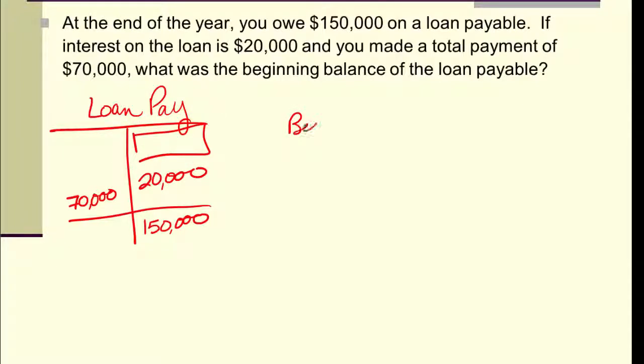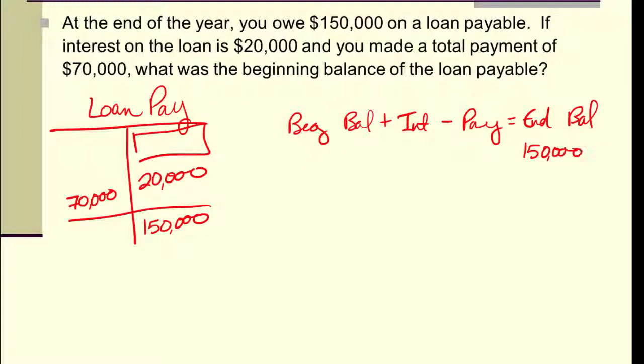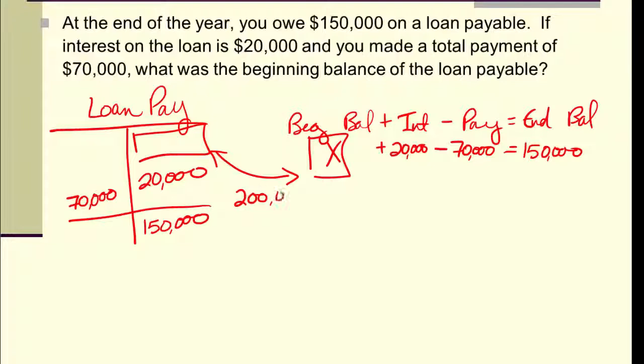If we use the equation, our beginning balance plus the interest minus the payments equals our ending balance. So let's see, ending balance is 150. Payments were 70. Interest was 20. So there's X, and I can solve for that. Either way, I started with a balance of $200,000.